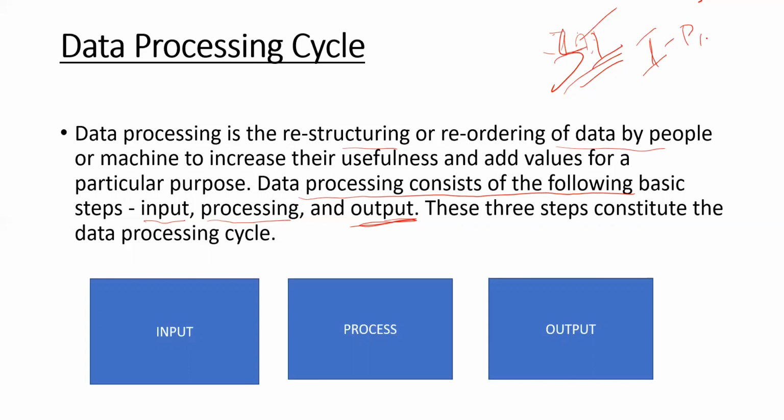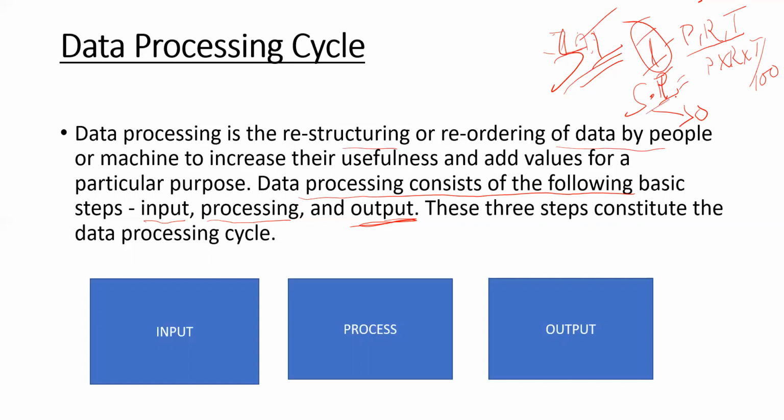Principal amount, rate of interest, and time. These three are the input. So what is the process? The mathematical calculation, that is P into R into T divided by 100. That is the process or calculation. And it provides us simple interest, which is the output. So the input is P, R, T.